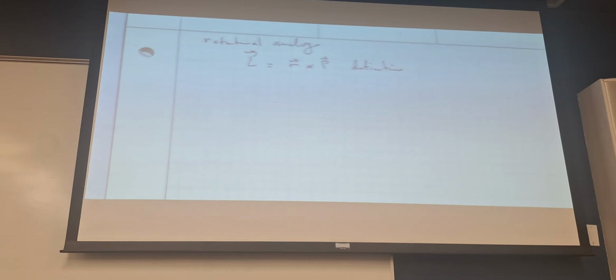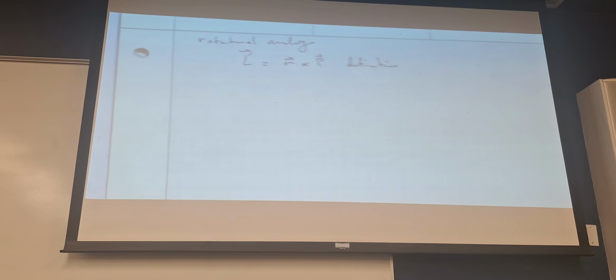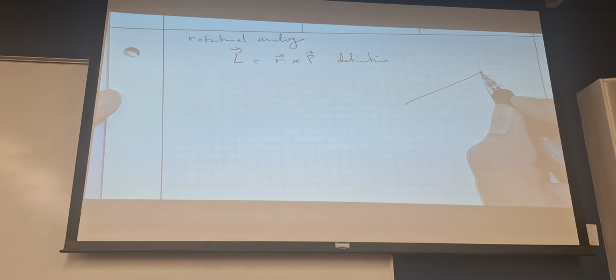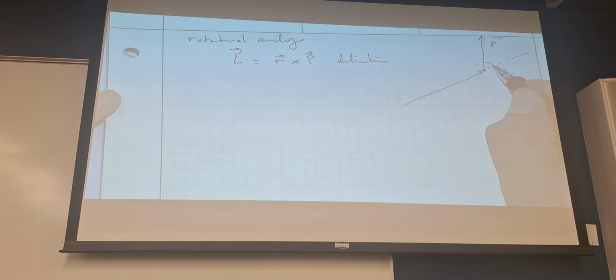So again, we take the cross product with a momentum, and what are we doing? We are taking the piece of momentum that would contribute to a rotational momentum. So let's look at the particle has some momentum p, and let's call this phi, call this r.